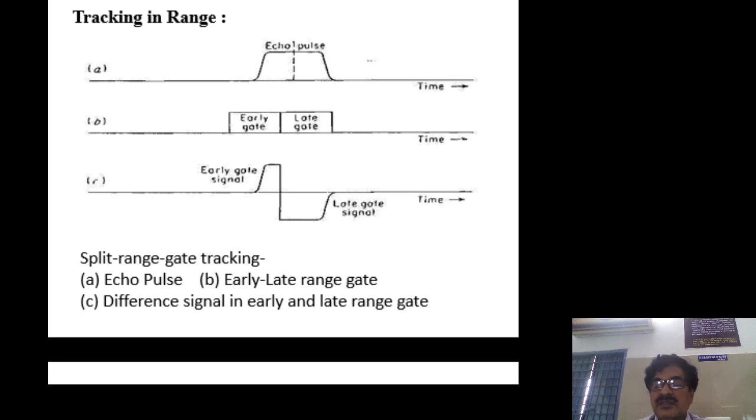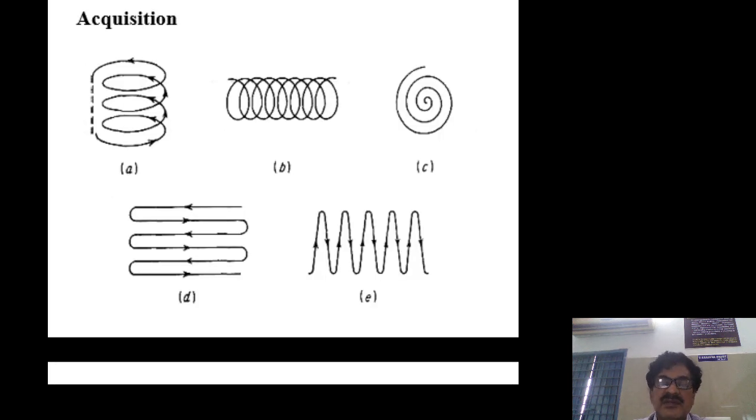Then after this you have the acquisition methods. Every tracking radar, before going to track, has to do a detection action. What for? It has to identify the target which it has to track, and whether the target is present or not.